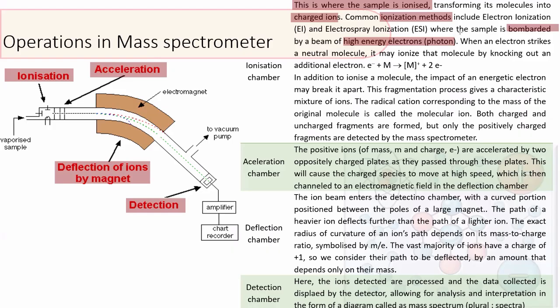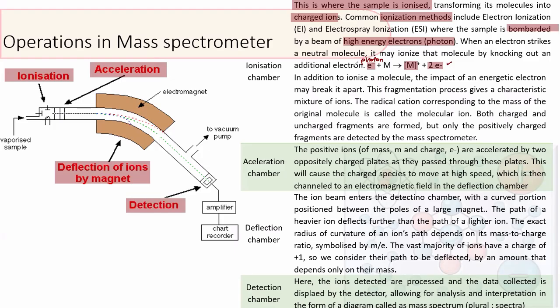When the electron strikes a neutral molecule, it can ionize it by knocking out an additional electron, so you form M2+ and 2e-. Now this 2e- indicates that one is coming from the bombarding electron itself, and another one is from the molecule itself.